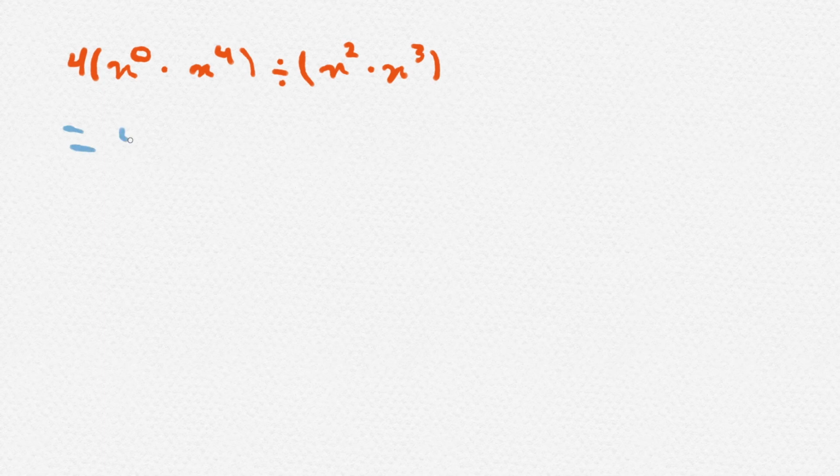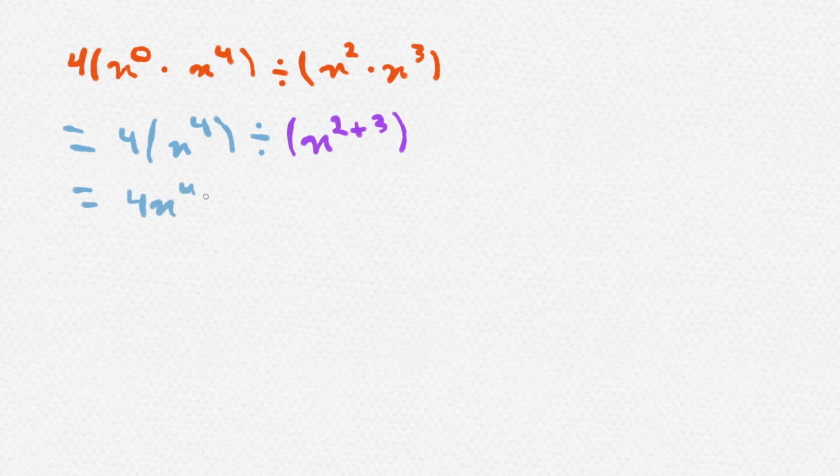Now let's try another question. 4(x to the power of 0 times x to the power of 4) divided by (x to the power of 2 times x to the power of 3). Now let's simplify this. 4(x to the power of 0, which is 1, so simply it will be x to the power of 4) divided by x to the power of 2 plus 3, since we are multiplying the powers.